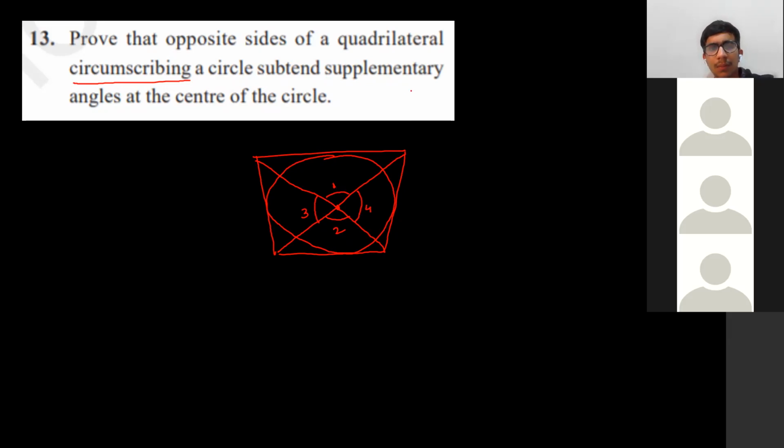So basically the question is saying to prove that the opposite sides of the quadrilateral circumscribing a circle subtend supplementary angles at the center.